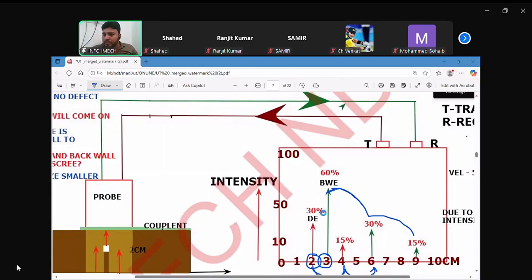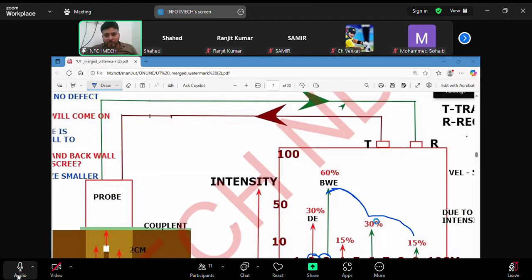If the back wall is at 3 centimeters, because of the traveling distance, 60% intensity, when the distance doubles, the intensity becomes half, 30%. Then 15, and so on. In the same way, the defect is 30, then the next echo height is 15, and the next echo height is 7.5.